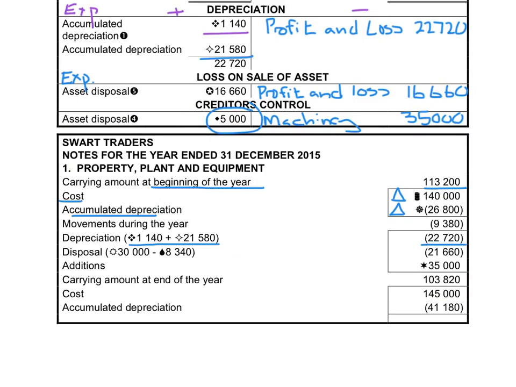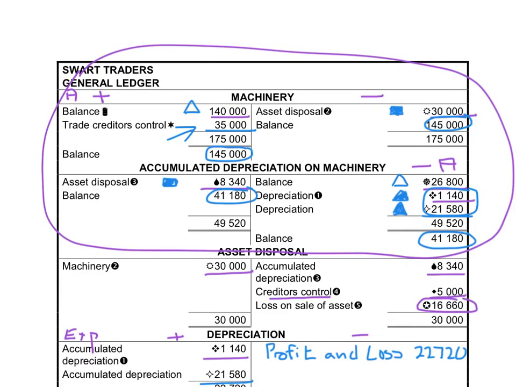So in the note, I will show that I take the cost price of 30,000 minus the accumulated depreciation of 8,340, and therefore the value of our assets decreased with 21,660.